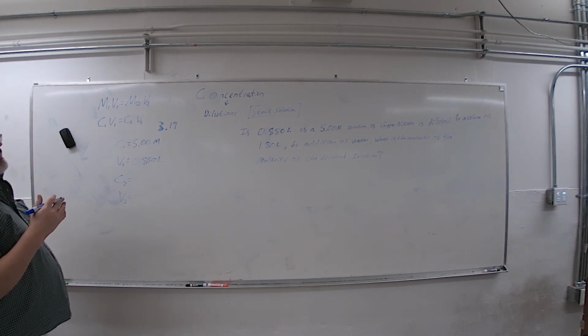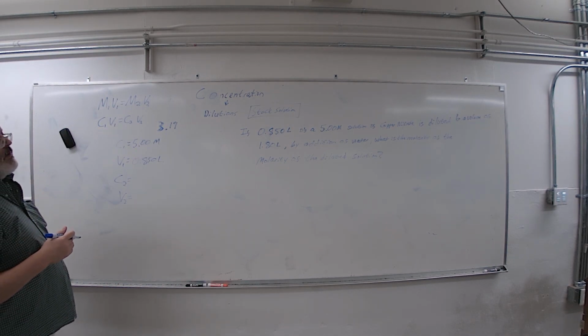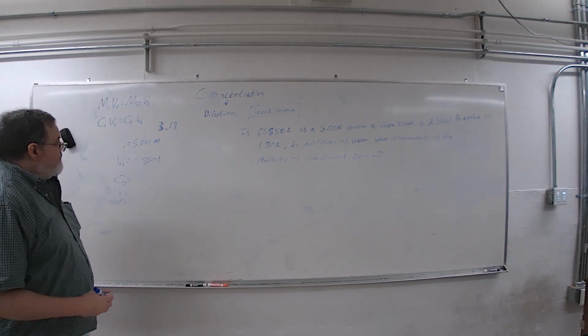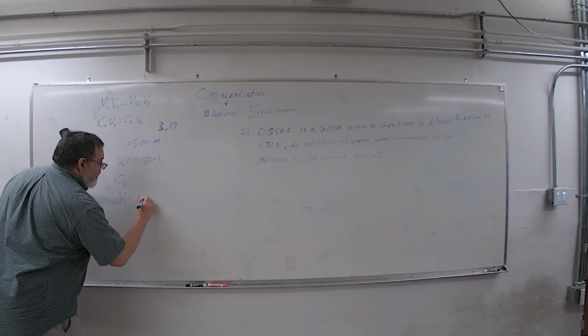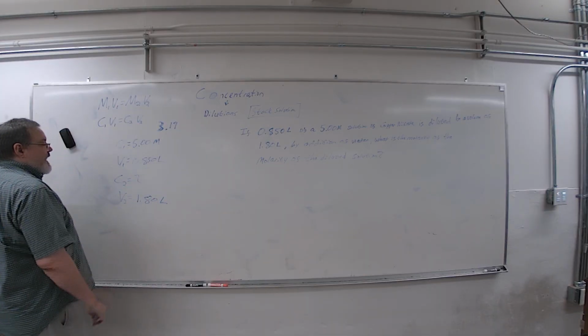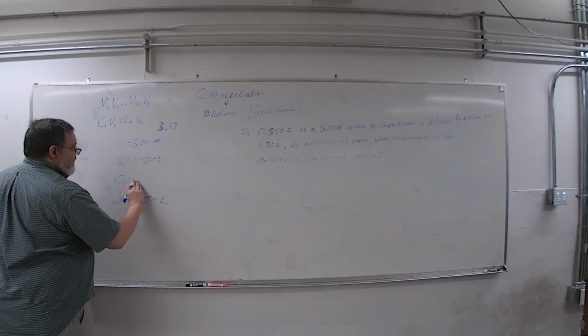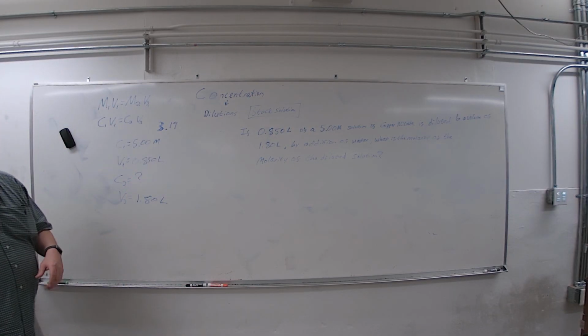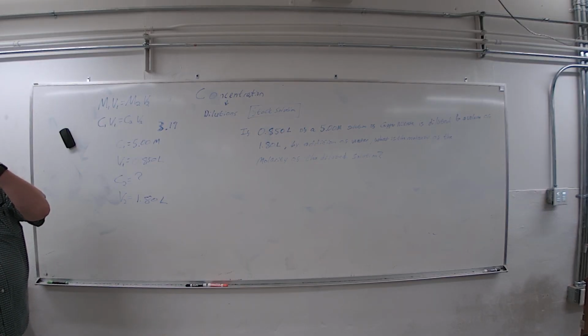And then it says by addition of water, the copper nitrate is diluted to a volume, so the new volume is 1.80. And we're solving for that concentration, that's X. So I just use C2 for that. And the rest is plug and chug. You with me?